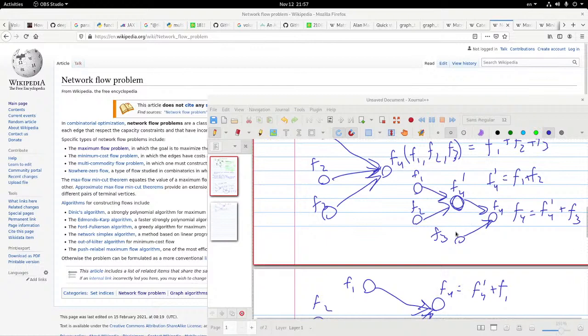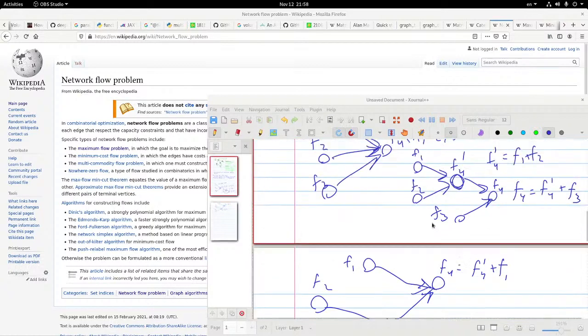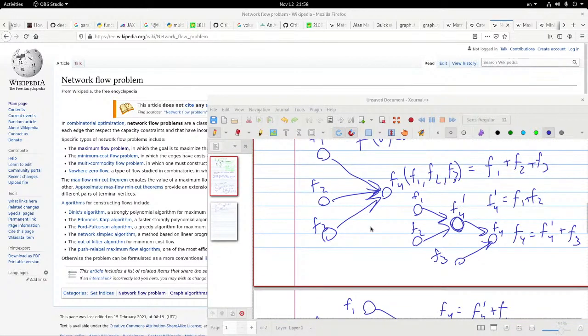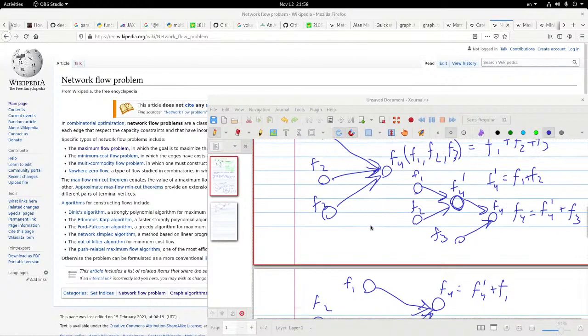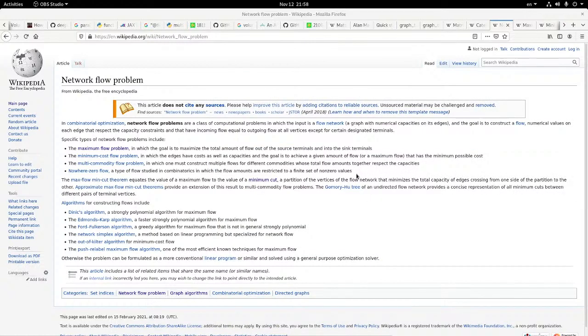They look like distinct graphs, but they aren't. I guess here it just depends on your choice of f1, f2, and f3. I mean, these two graphs are, what is it called, isomorphic or whatever? But yeah. Anyway, I don't know.